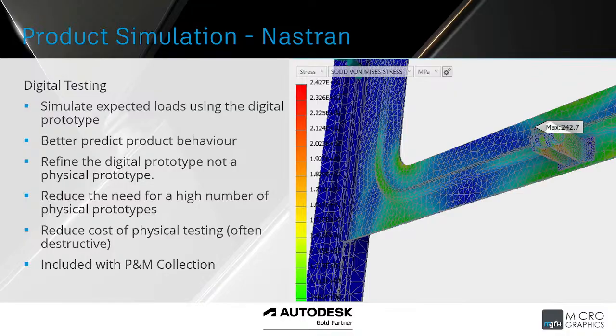So we can go through various iterations of the digital prototype, and therefore we reduce the need for a high number of physical prototypes. In turn, this is going to reduce the cost of physical testing, which is, once again, often destructive.